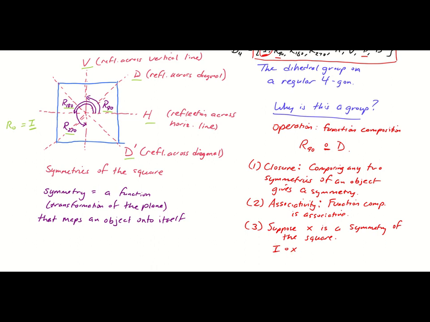So if I perform x and then do nothing, that's the same as if I just performed x. And similarly, if I compose x with I in that order, then that means, keep in mind, when I write down a composition, I do the one on the right first. So this means I do nothing, and then I perform x. Well, that's the same as if I just performed x. So that means that I is an identity.